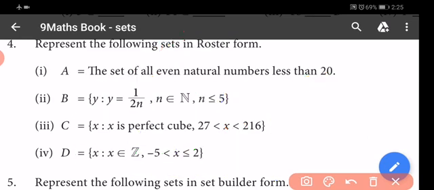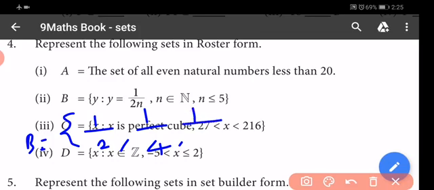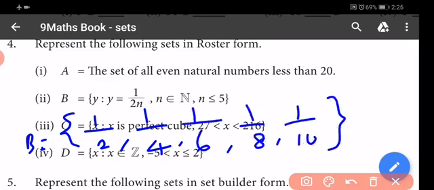Therefore the roster form answer, with set name B, is B equals 1 by 2, 1 by 4, 1 by 6, 1 by 8 and 1 by 10. That's all. Do you understand?